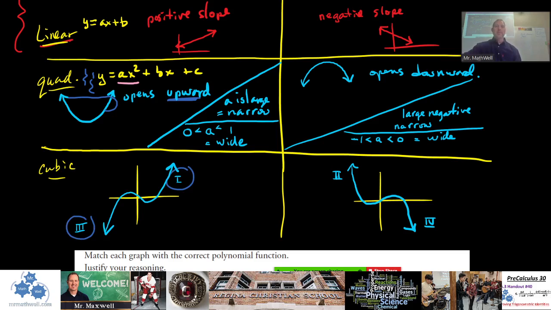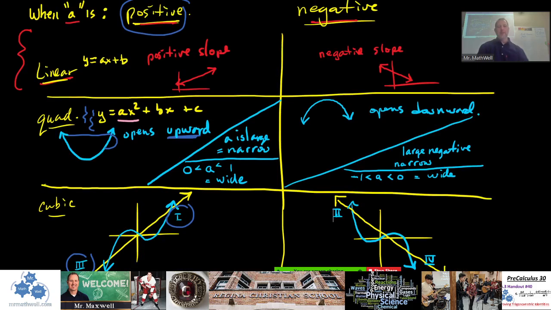So it kind of mimics a straight line like that. Positive slope, think about that. It mimics that. When a is negative, the cubic function sort of trails downwards like this, mimicking a negative slope. Okay, any questions about that chart?